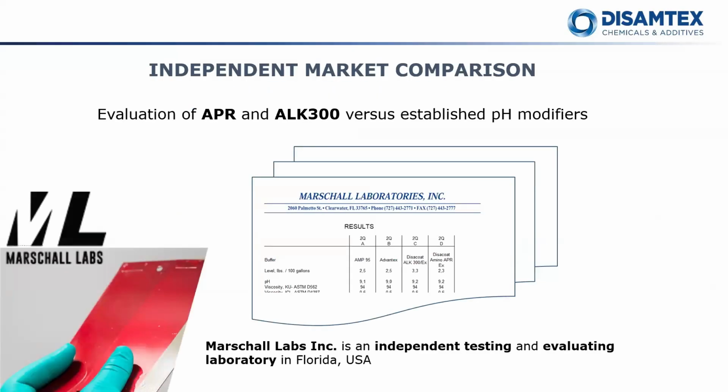Worth mentioning, Disamtex has commissioned a study from an independent laboratory in the US to analyze our additive against other strong market references. This laboratory was Marshall Labs in Florida, and we obtained all the feedback documentation from them with the following conclusions.